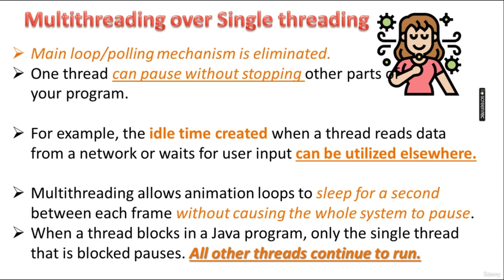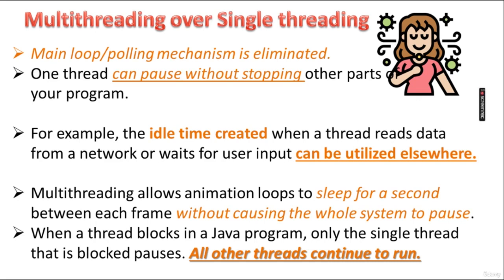So halting time, or idle time, is created when a thread reads data from a network until the data is read completely, or waits for user input, and it can be utilized elsewhere. Multithreading allows animation loops to sleep for a second between each frame without causing the whole system to pause. So between each frame, a halt of a second can be done without causing the whole system to pause.